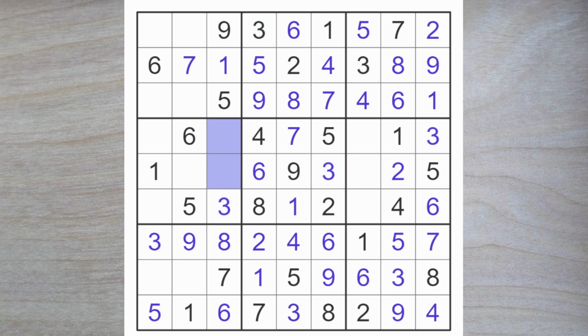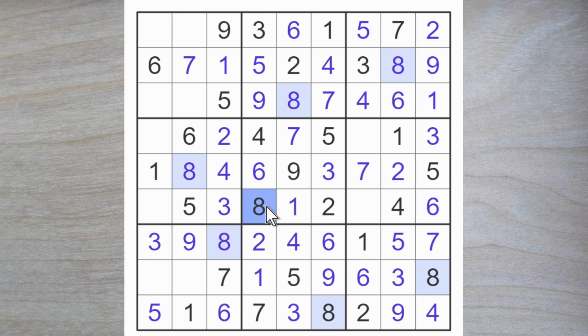Here we're looking for a 4, which can't go here, and a 2. Here we are now looking for a 9 and an 8. No joy. And here we're looking for an 8 and a 7. That's better because 7 blocks down, so here's the 8 and here's the 7.